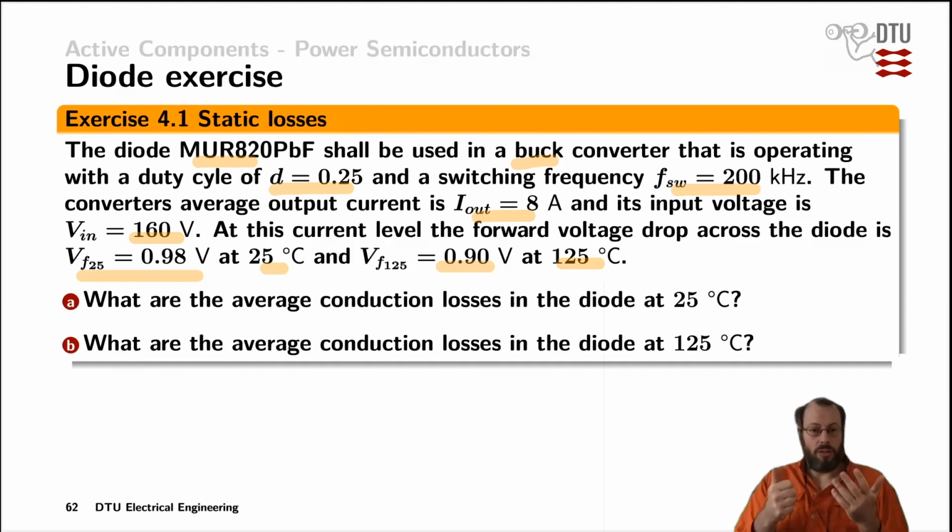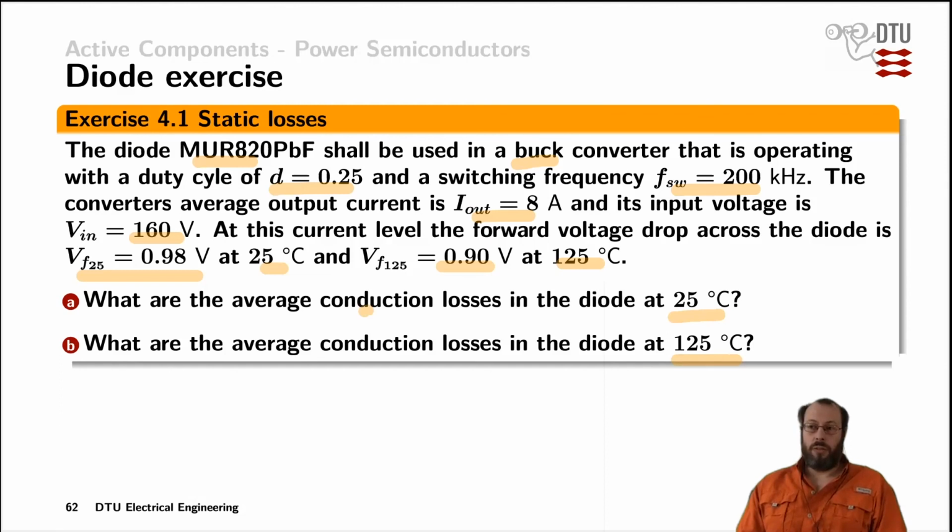It turns into 6 questions as we're doing it at two different temperatures. One temperature is 25 degrees C, which is often called room temperature, and the other one is 125 degrees C, which is a realistic temperature for the converter to operate at in terms of junction temperature. So that's the temperature the silicon would see.